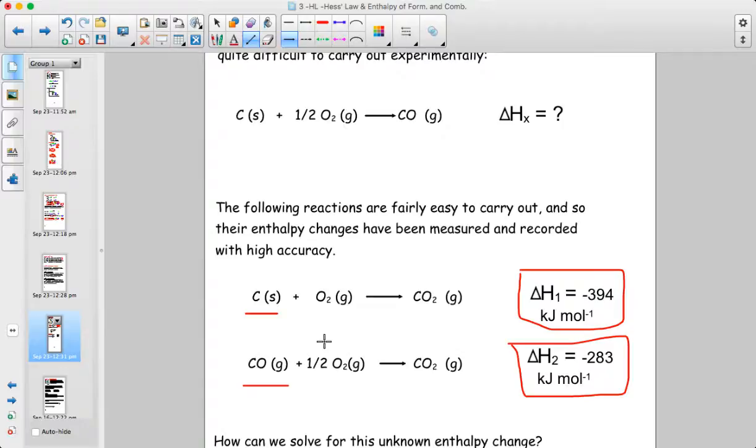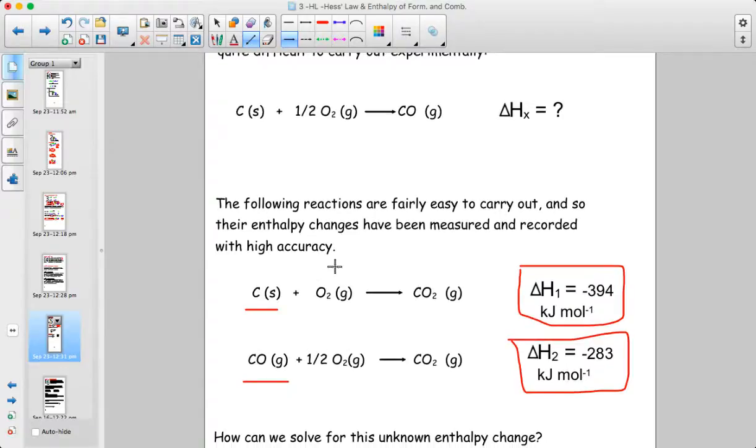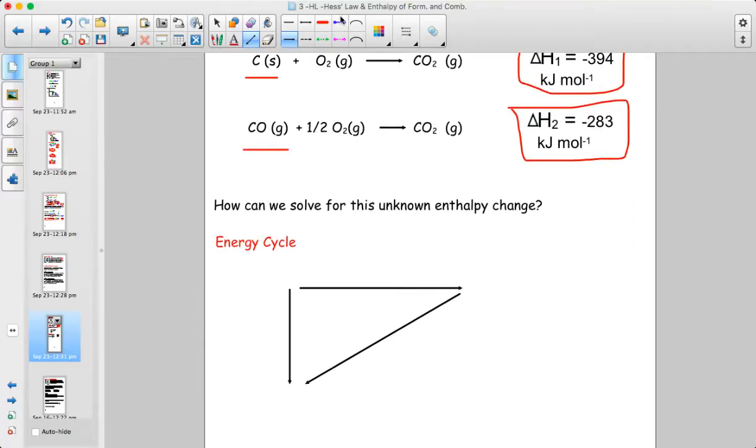Anyways, let's try to think through it. The original point for me is carbon by itself. What we're looking at is that we can either take carbon and oxidize it all the way to carbon dioxide in one step, which is represented by this reaction, or we can take carbon, oxidize it to carbon monoxide, and then take the carbon monoxide and oxidize it to carbon dioxide. So let me write that out in the energy cycle.